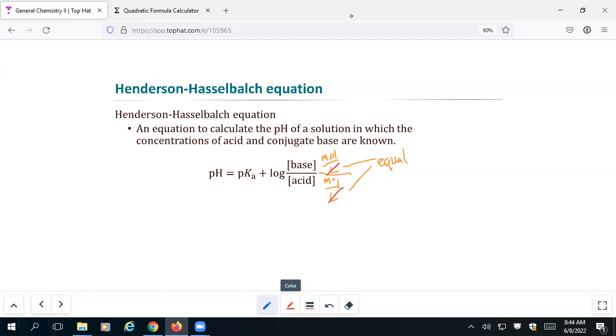If the denominator of both fractions is the same number, I can take it out of the equation.